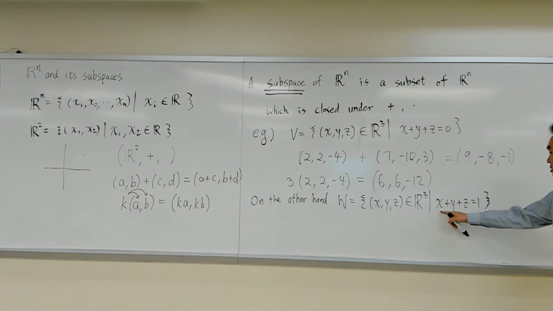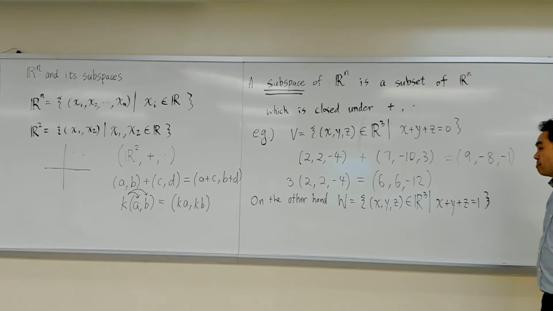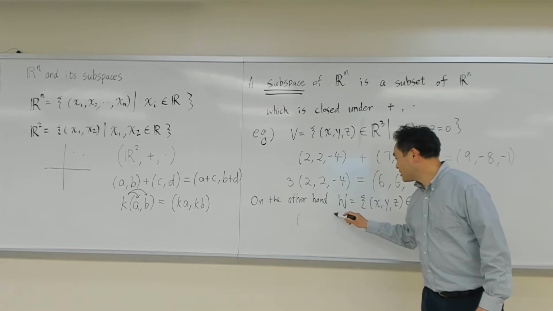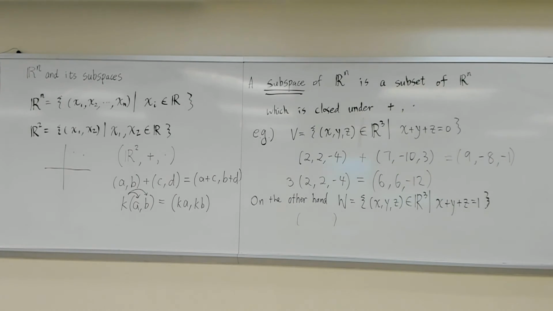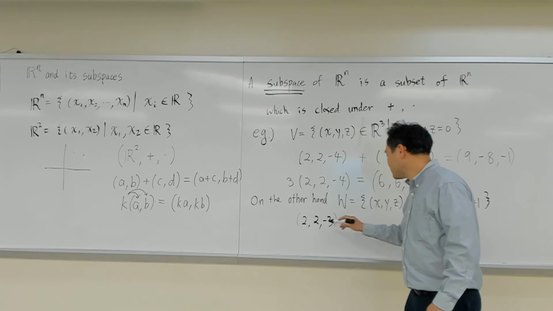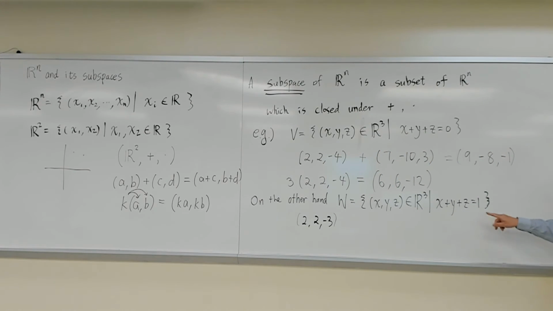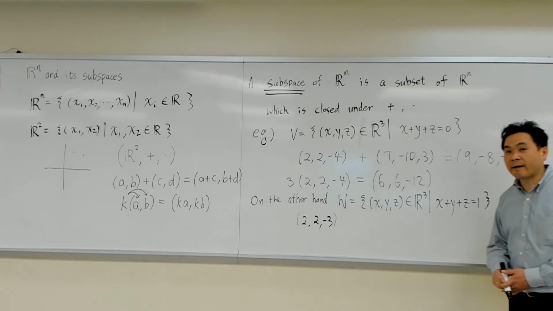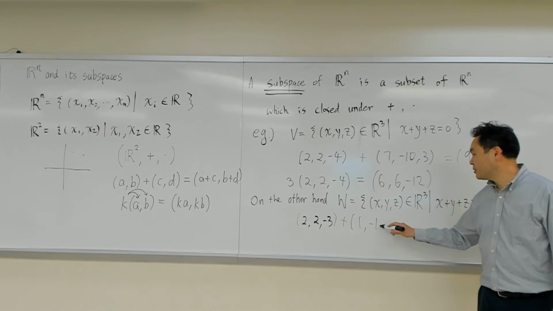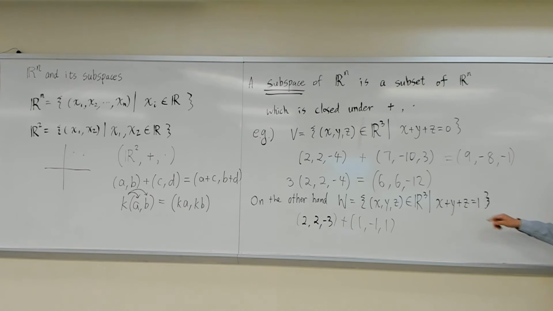Give me an example of an element in W. You should participate, okay? I'm asking you a very simple question. Yeah, just say it. 2, 2, -3. 2, 2, -3, thank you. Of course, 2 plus 2 plus -3 is 1. Okay. Give me another one. Yes? 1, -1, 1. Yes. 1, -1, 1. Right.